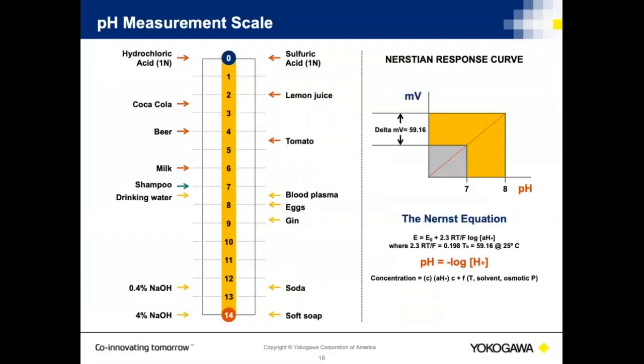At 7 pH at 25 degrees C, the output of the pH electrode is 0 millivolts. If I drop down to 6 pH, it goes up by 59.16 millivolts. Go down to 5, it goes up another 59 millivolts. Let me get back here.